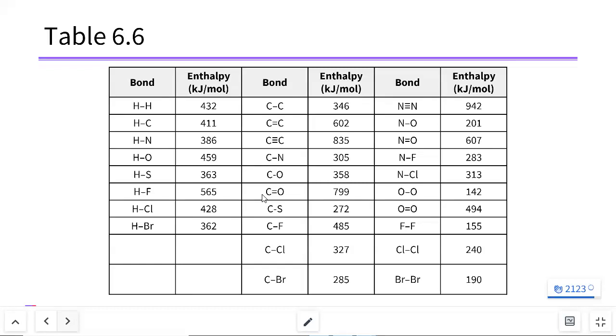Conversely, however, if I just want to know generally, qualitatively, what's going to require more energy, this kind of bond or this kind of bond, I can use those three relationships to predict it without even pulling this table out. So if I want to know what is going to require more energy, a single bond between carbons or a double bond between carbons, I know from the relationship that the double bond is going to be harder to break.